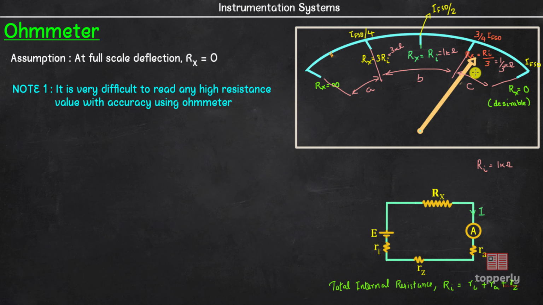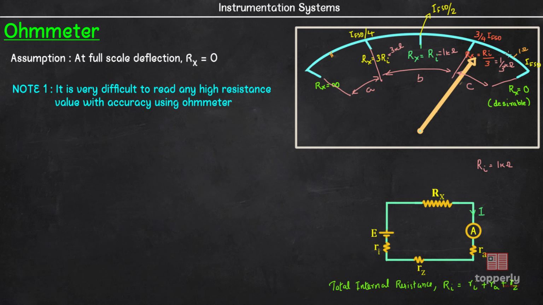Now let's see this region C. Even though it covers 1/4 of the total scale, just the resistances in the range 0 to 1/3 kilo ohm lies here. This means that the markings in the scale are spread apart here. For instance, let's say we are measuring 1 ohm. So this is 1 ohm point.